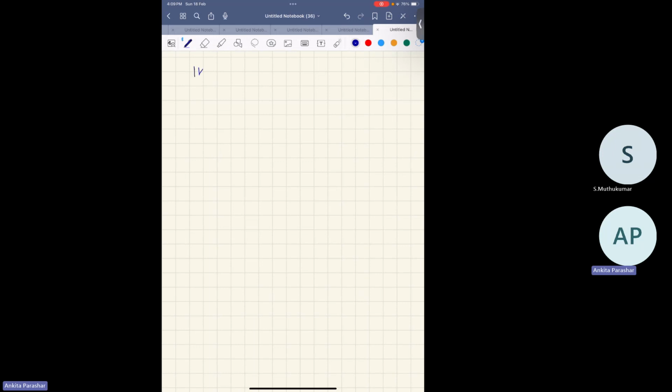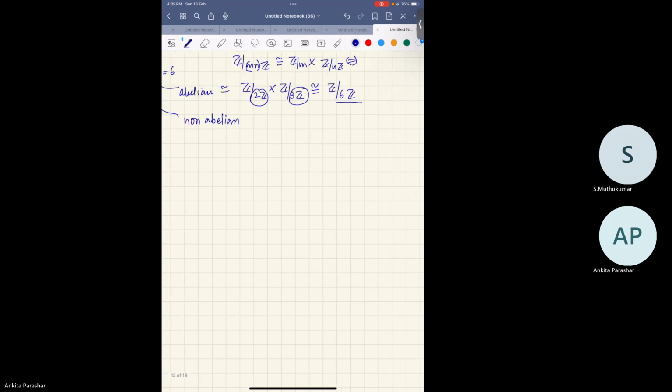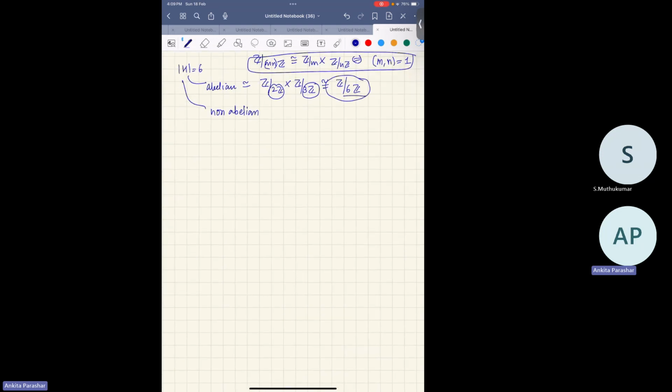Now we know the order of H is 6, so either it is abelian or it is non-abelian. If it is abelian, then it is isomorphic to Z2 plus Z3, which is the same as Z6, right? Because these are coprime. If you are familiar with this result, then abelian has to be a cyclic group.